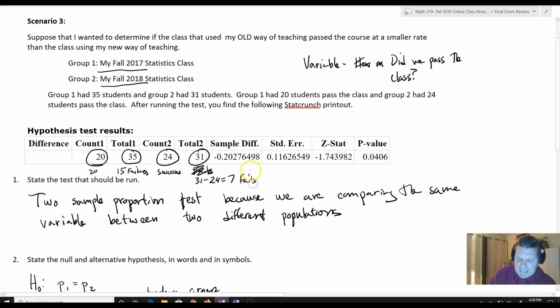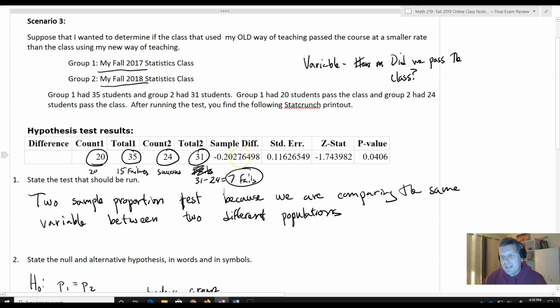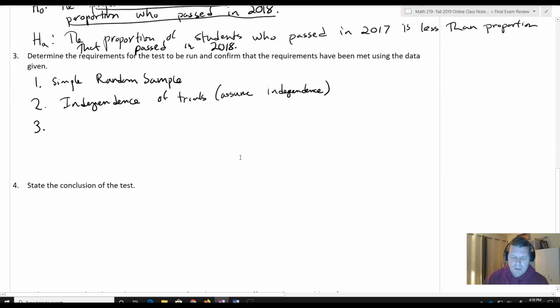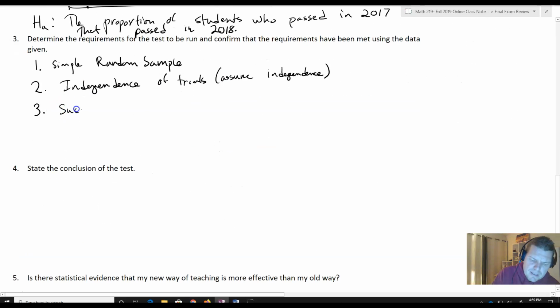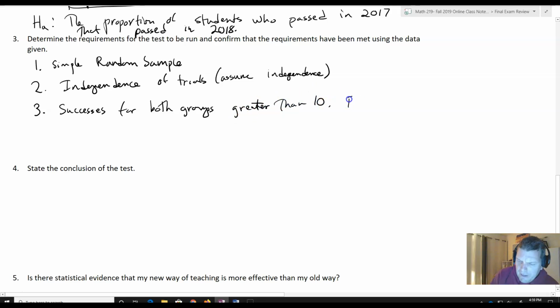Okay? Well, that's a problem because that's not actually over 10. We need both the number of our successes and failures for both groups to be over 10 for us to be able to say that we have our requirements met. So what we want is successes for both groups greater than 10, and failures for both groups greater than 10.